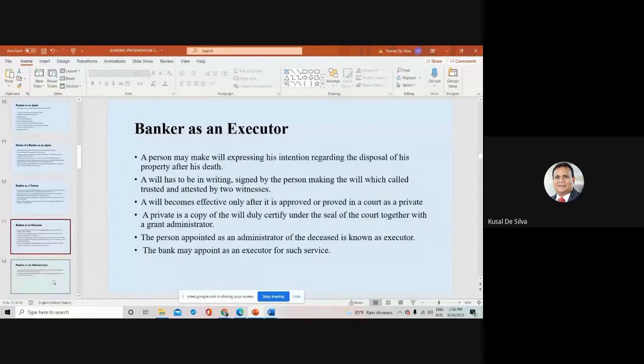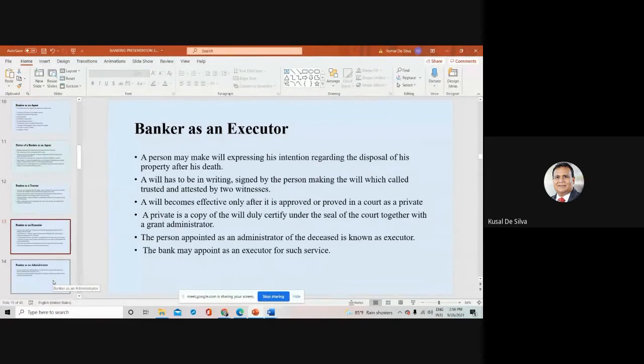Then bank as an executor. A person may make a will expressing his intention regarding the disposal of his property after his death. There are two words here. Now we discussed the agent, bank as agent, then bank as a trustee, then executor, and there's another word called administrator, which we'll be discussing next.